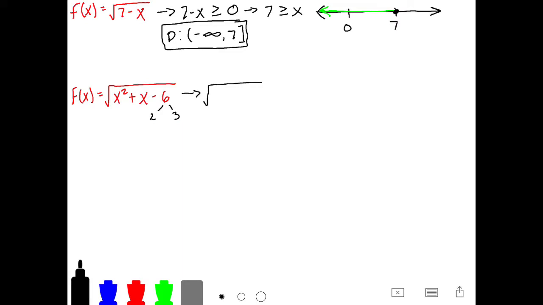You rewrite that as square root of x plus 3 and x minus 2. And then we'll set both sets equal to 0. And you get x cannot equal negative 3. And for the second set, you get x cannot equal positive 2.